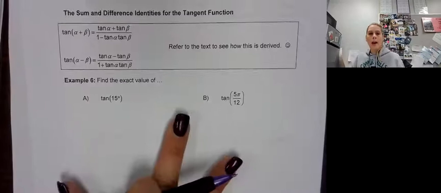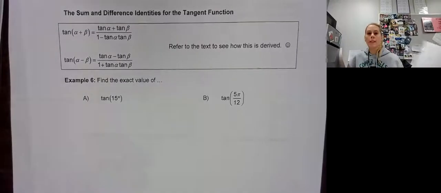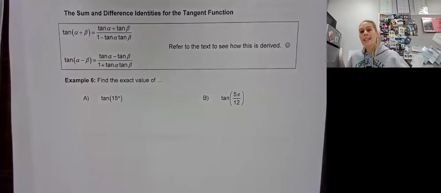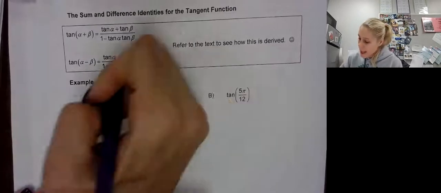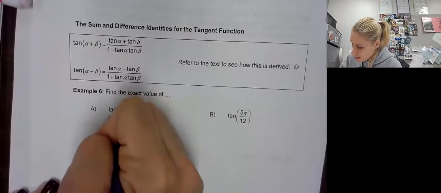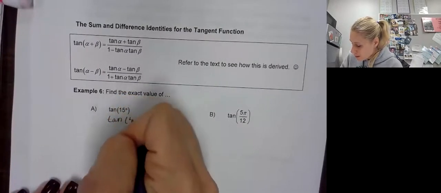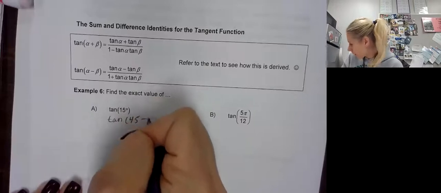Okay, now we have our sum and difference identities of the tangent functions. We're going to do the same thing as we did with sine and cosine when it comes to our degrees and our radians. So of course with 15, that is 45 and 30.